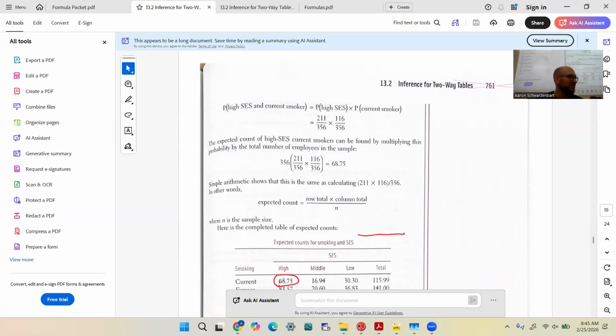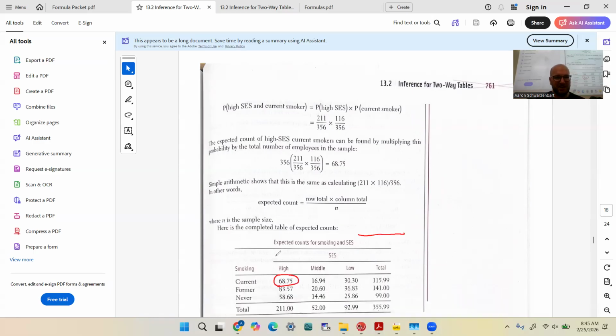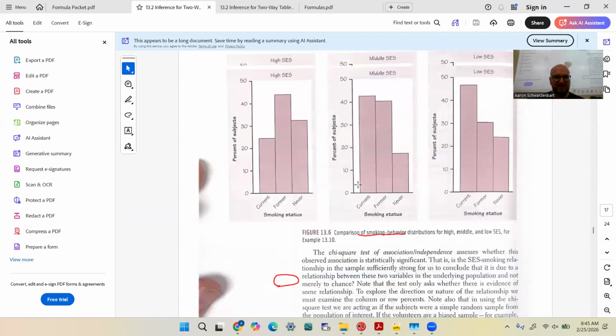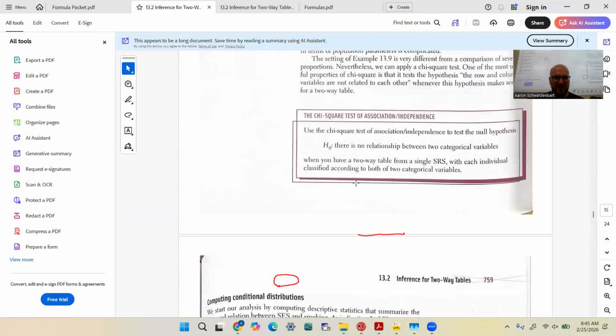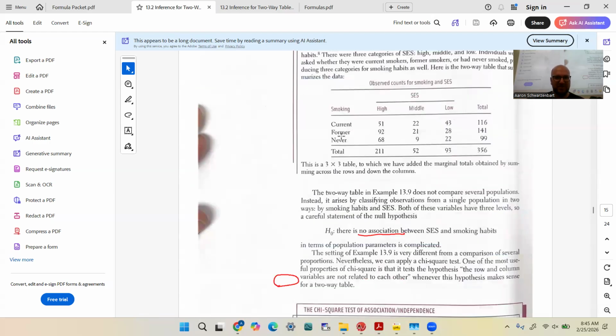And you need that marginal distribution that we had way back here. So here's where they got that number, 211. Row total times column total divided by table total.